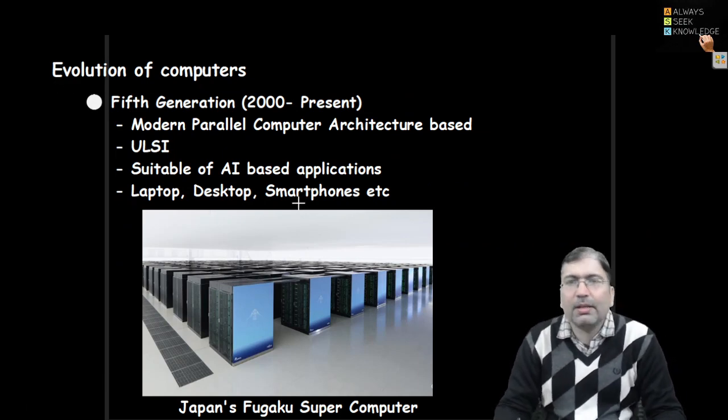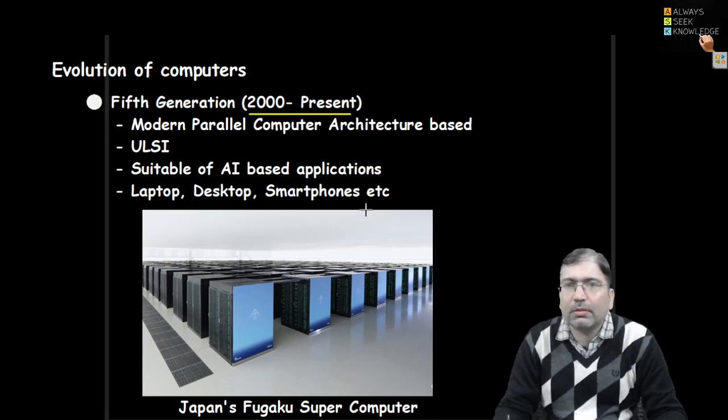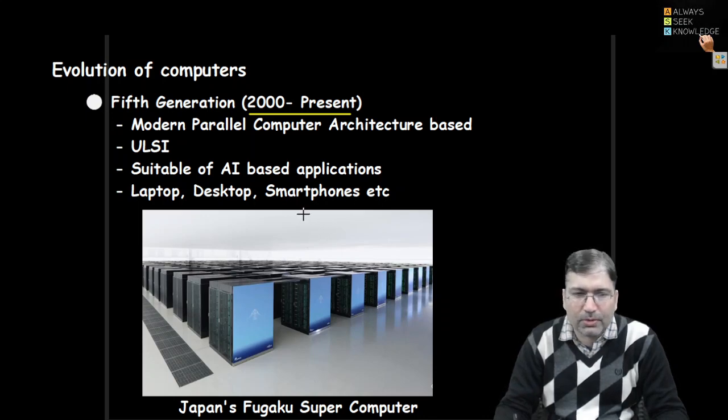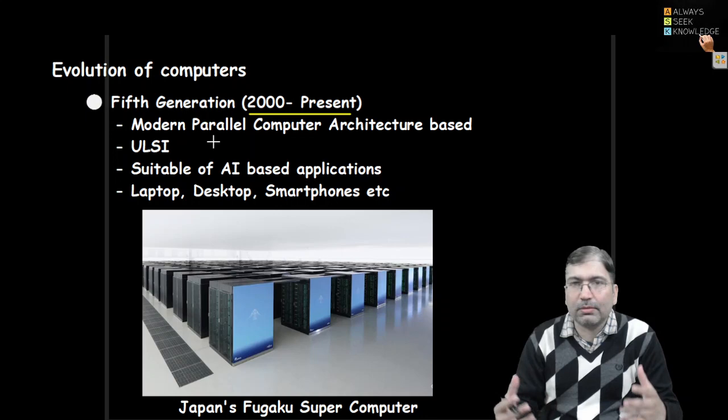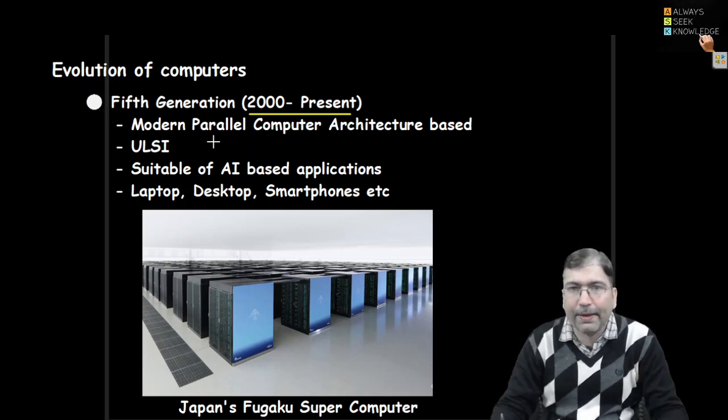Then the last generation, we can say the current generation, that is the fifth one, is from 2000 till the present time. So these are modern computers. They have the capability to perform parallel processing and have advanced parallel processing architecture support.